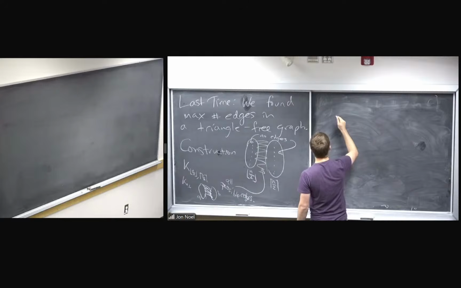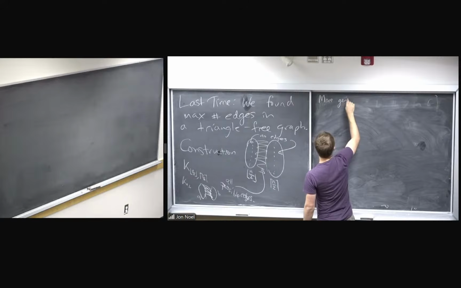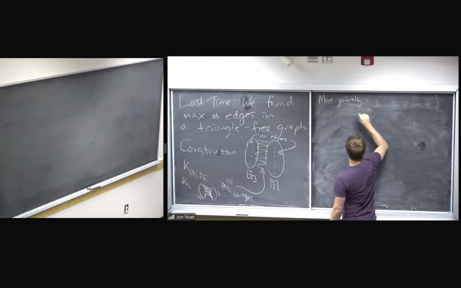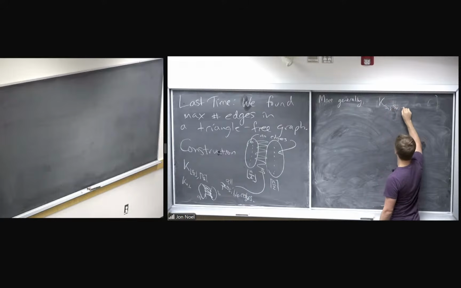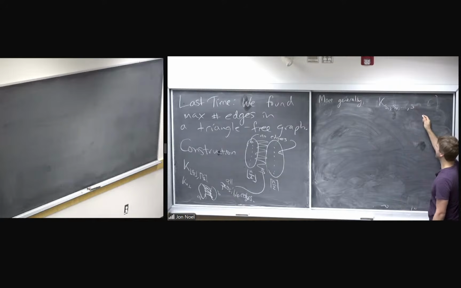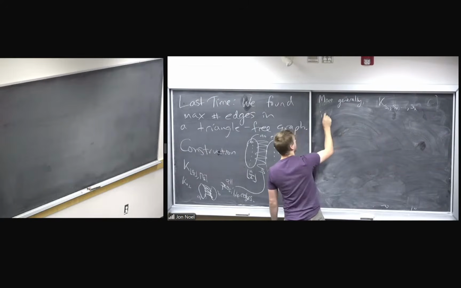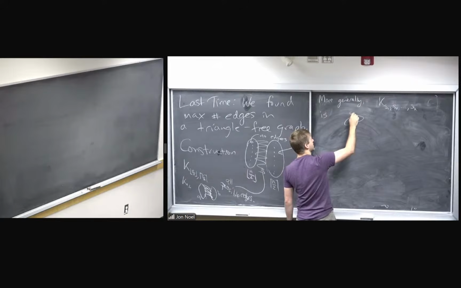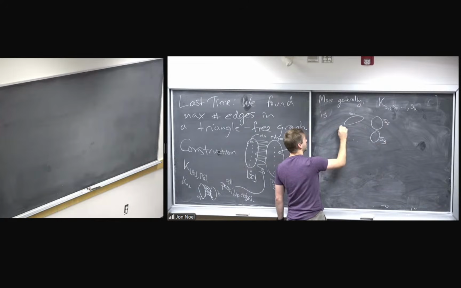So more generally, if I have K sub S1, S2, up to Sk, that is the graph where I take sets of size S1, S2, S3, up to Sk.